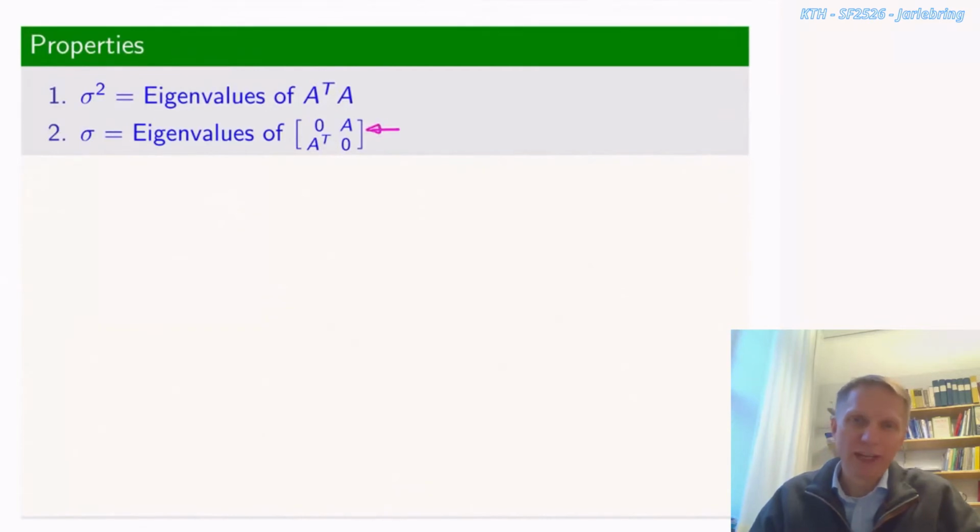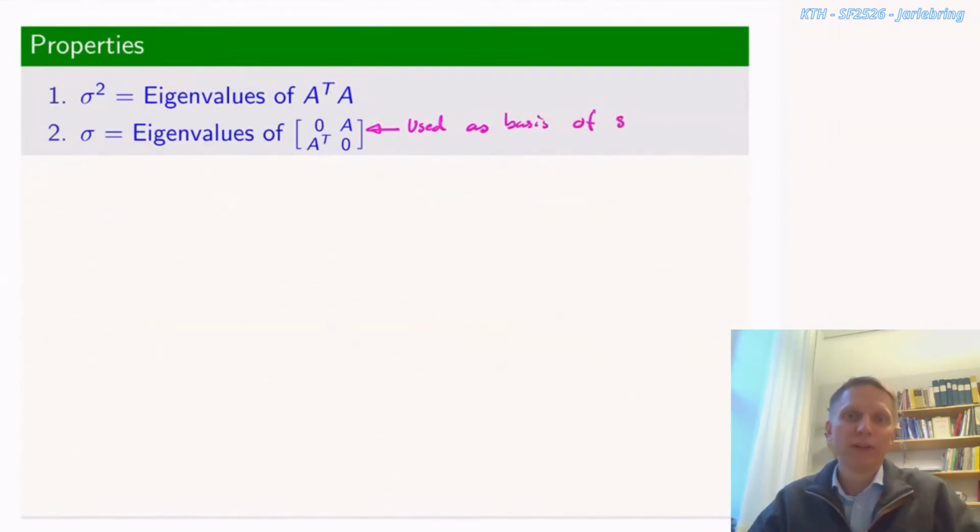There are some other eigenvalues which are not the singular values, so essentially a subset of the eigenvalues of this matrix are the singular values, and this property is used in algorithms for the singular value decomposition.